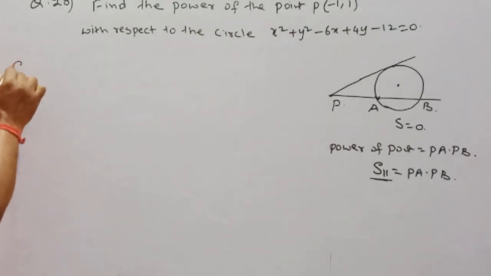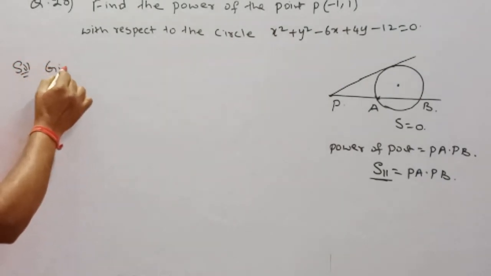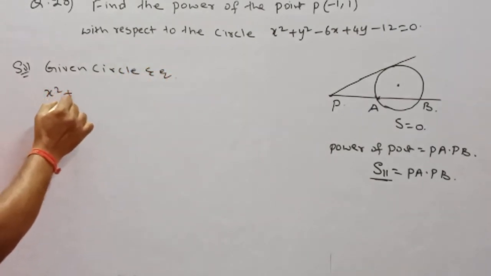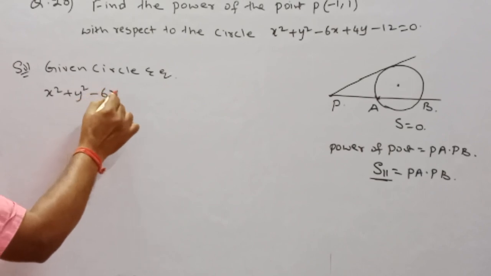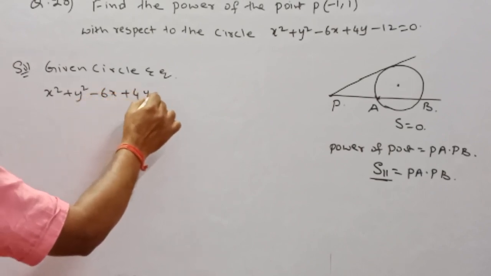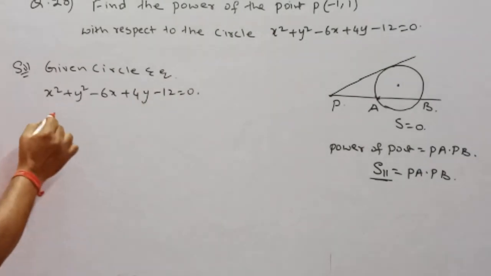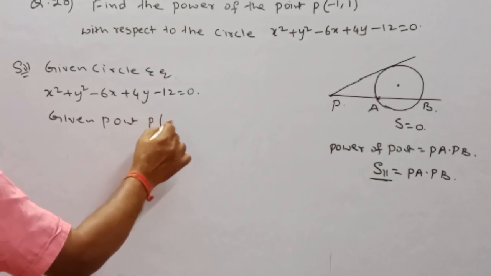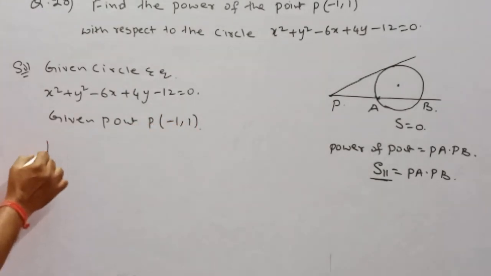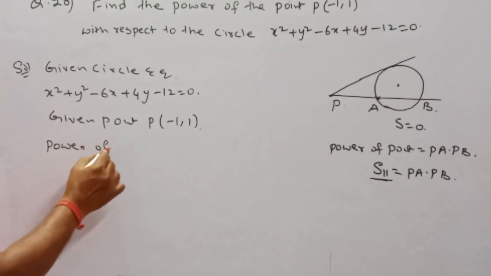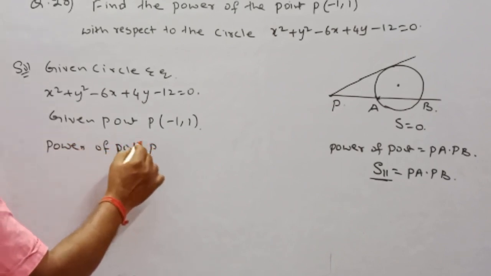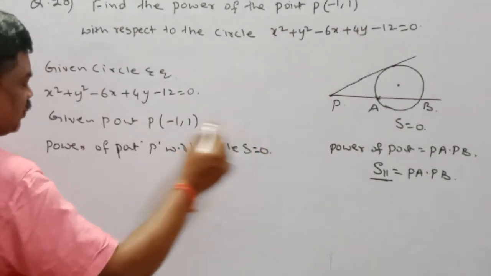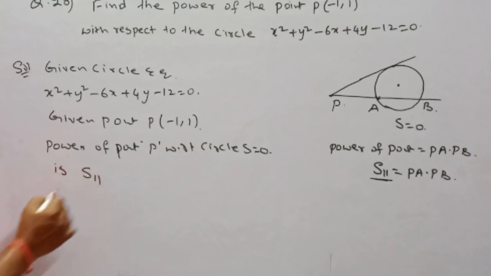Okay, so here you see the given circle equation, x² + y² - 6x + 4y - 12 = 0, and the given point P(-1, 1). Then the power of point P with respect to circle S = 0 is S11.